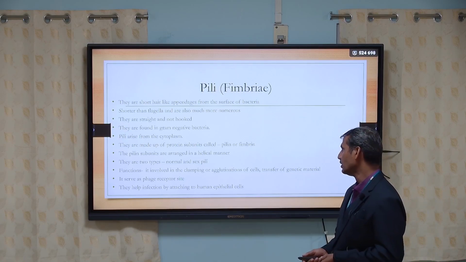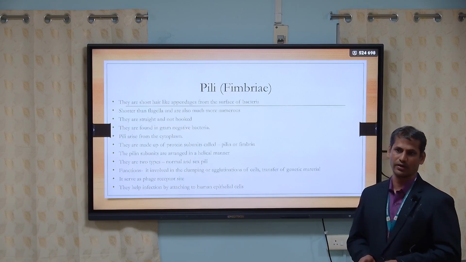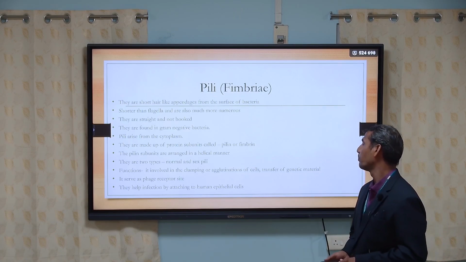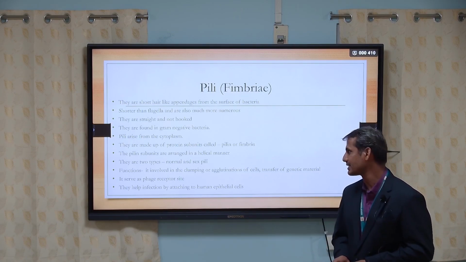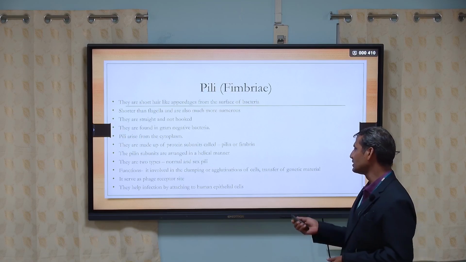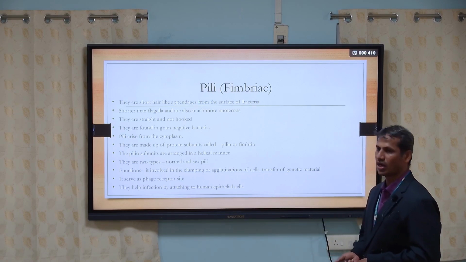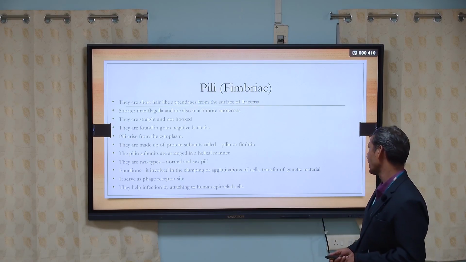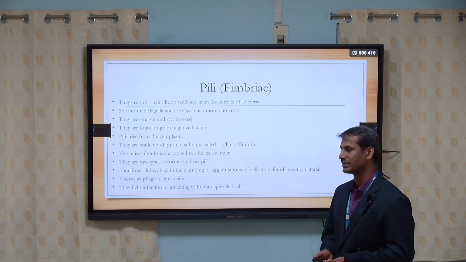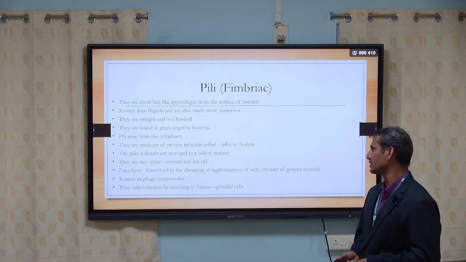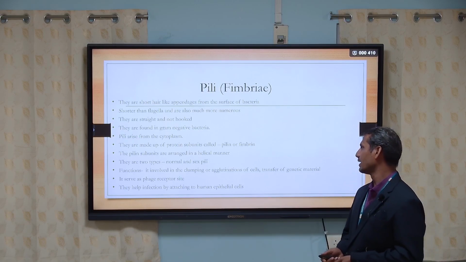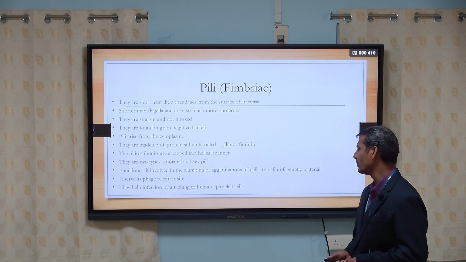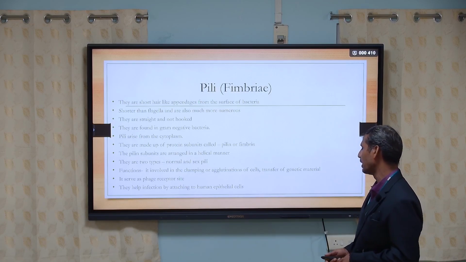There are two types of pili, normal pili and sex pili. They are involved in clumping or agglutination of cells and transfer of genetic material from one bacterium to another, and serve as phage receptor sites. They help infection by attaching to human epithelial cells.